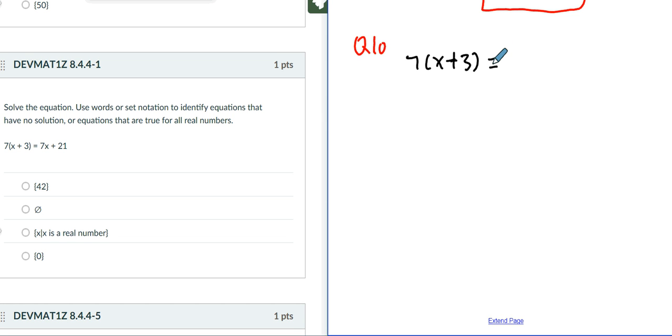And we also have a 7 times x plus 21. Actually, this one is true for all the real numbers. You can see by distributive property, 7 times x, you get that. 3 times 7, you have 21. So you know this is an identity.